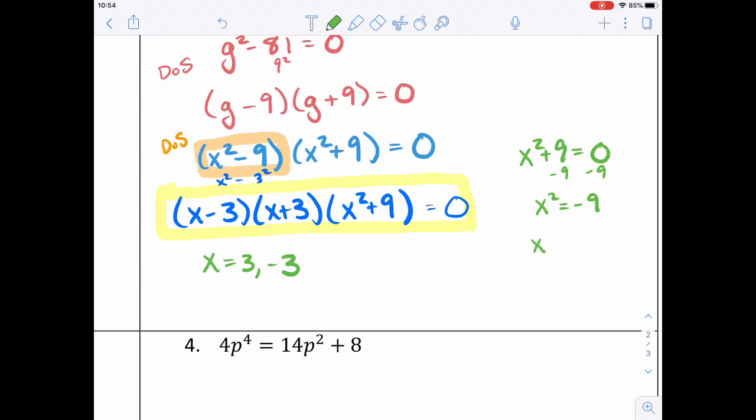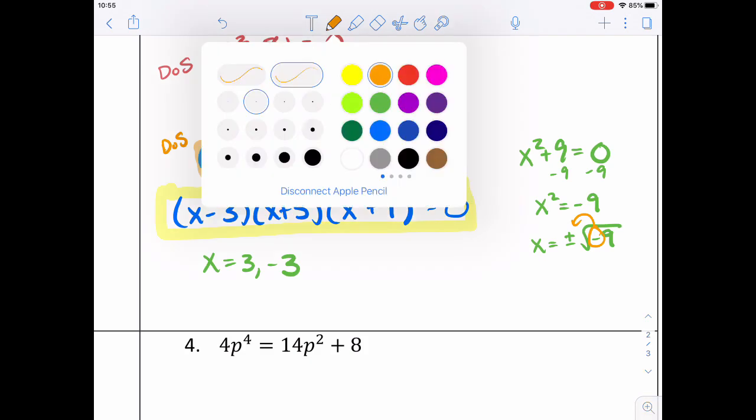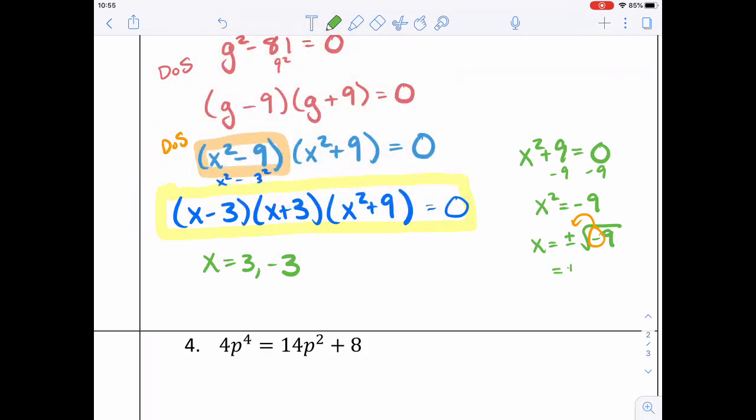Take the square root. Remember, whenever we take the square root, we are supposed to do plus and minus. Negative inside comes out and becomes an i. So we have plus or minus i square root of 9, and the square root of 9 is just 3.